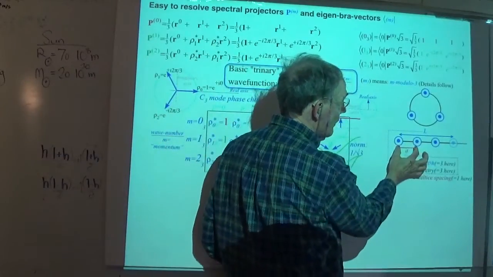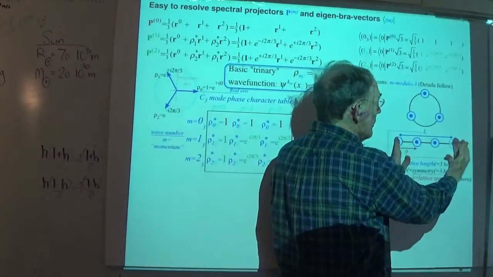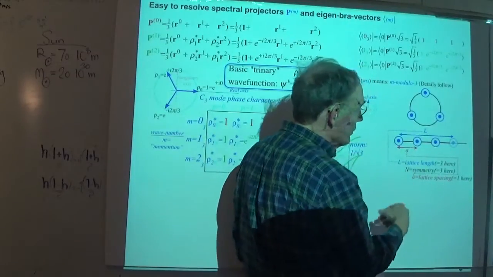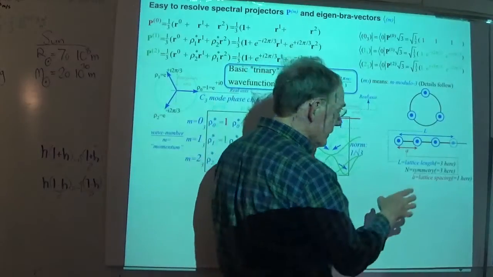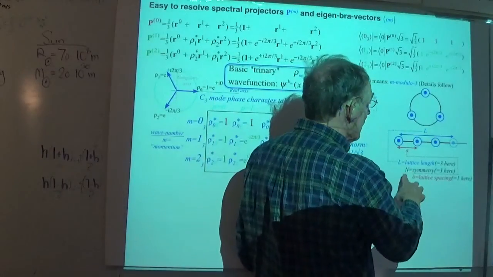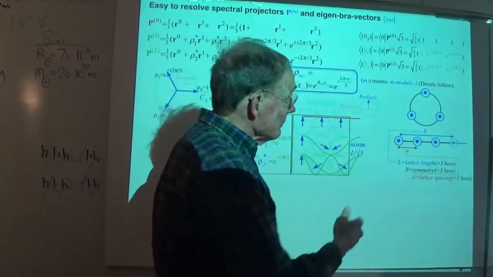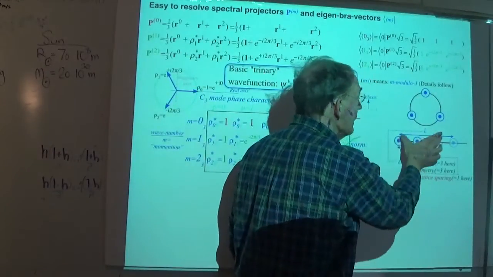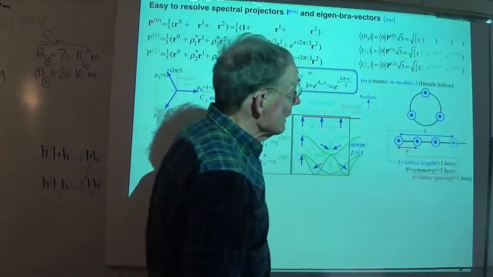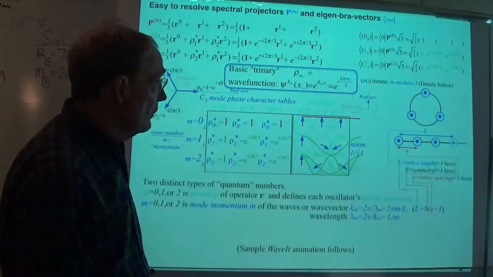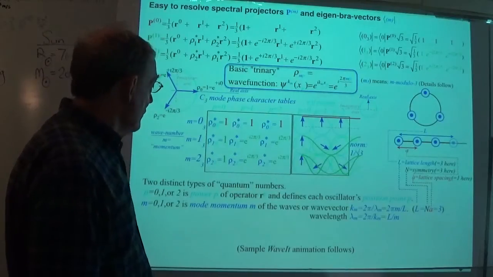You're going to have some distance between the points, we'll call that L, and some lattice spacing, that's usually called a. The idea is that the symmetry number here, 3, times the lattice spacing should be the total lattice length, lattice size, as it were. So that all figures in here.